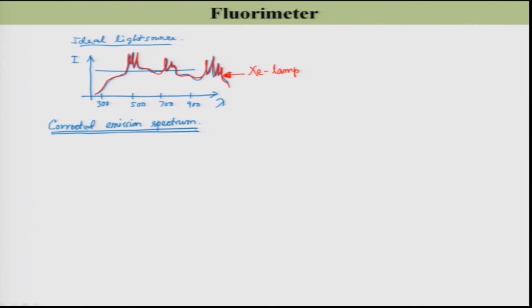So, let me give you one quick solution for that. Let us say that you have this fluorimeter in your lab. So, this is your fluorimeter, and from here you will get the emission spectra of a known molecule.